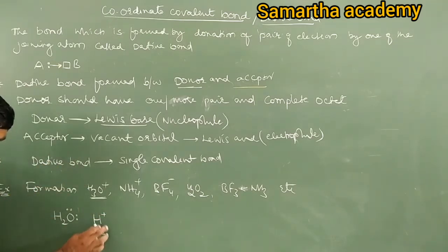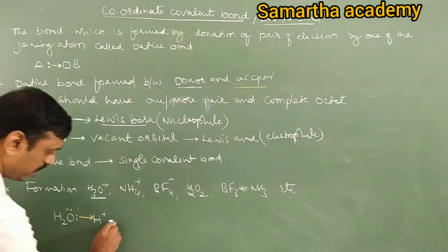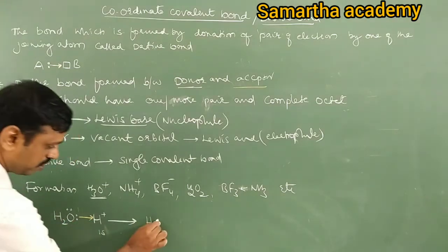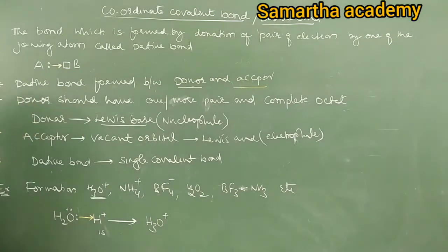That means H plus has a vacant s orbital. Due to the presence of the vacant s orbital, this water molecule donates one lone pair of electrons to H plus.